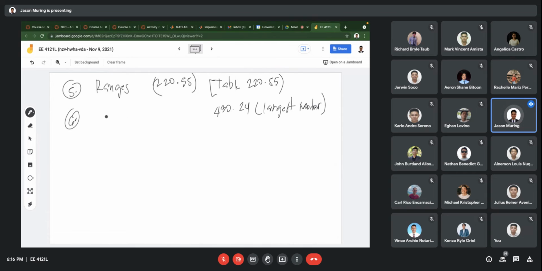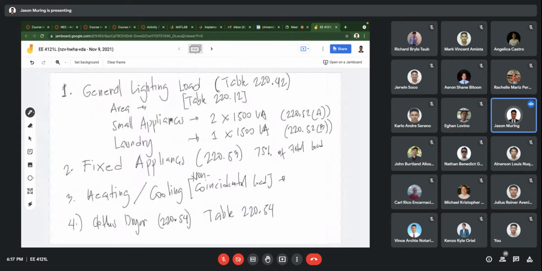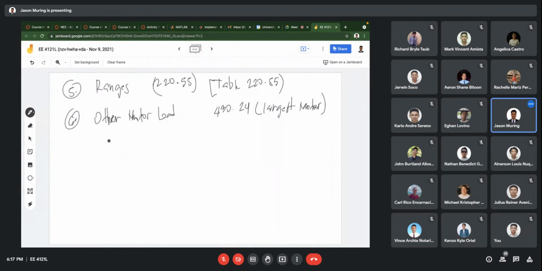Okay, so if you have a motor load, let's just call this other motor load. I'm not going there now, but this section says that if you have a motor load in your household appliances, you have to consider 25% of that largest motor load.